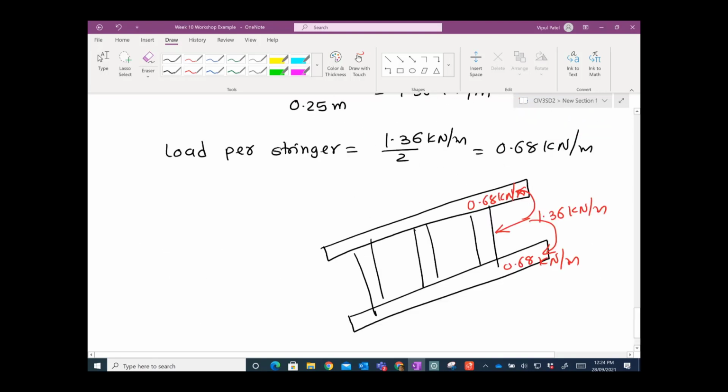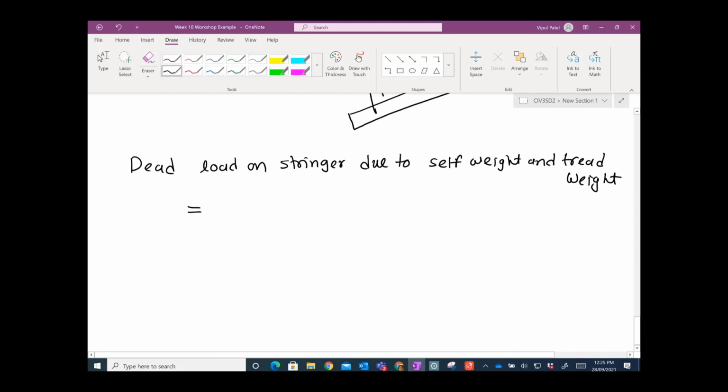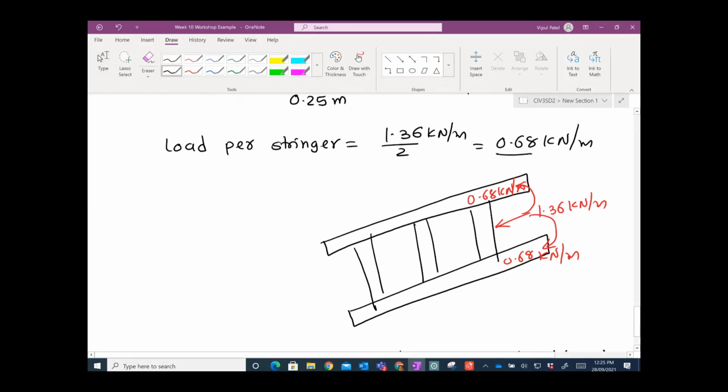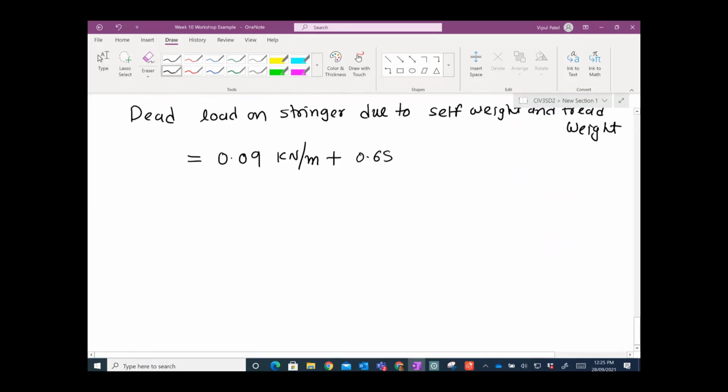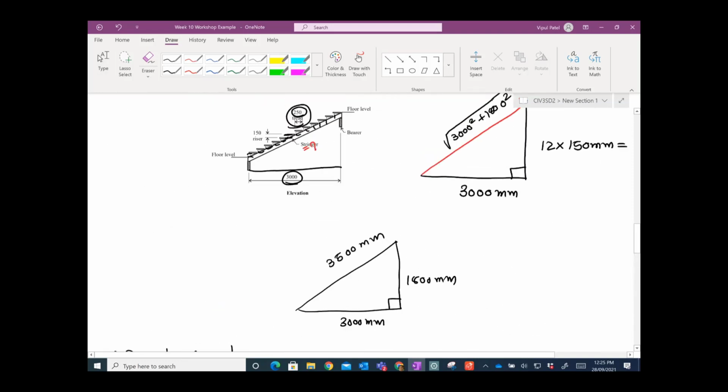The stringer has a weight of 0.09 kilonewton per meter, plus each tread weight 0.68 kilonewton per meter. So plus 0.09, you get 0.77 kilonewton per meter. So that 0.77 kilonewton per meter is the weight of the whole system.